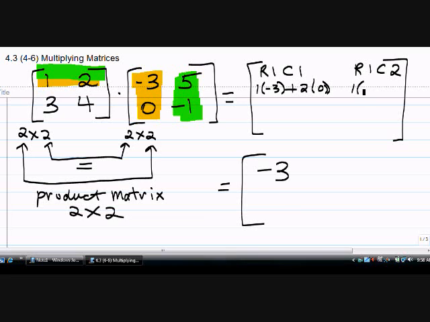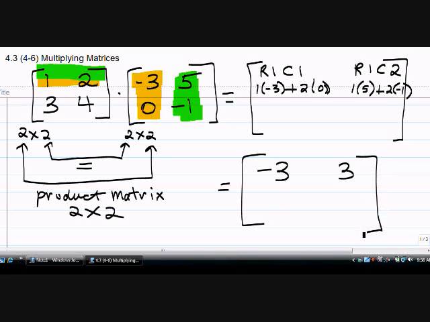Let me do green on top of this. 1 times the 5 plus 2 times the -1. Okay, so that's 5 minus 2, that's 3.